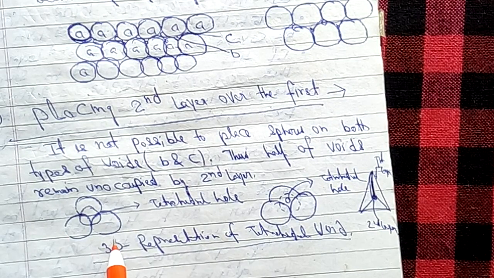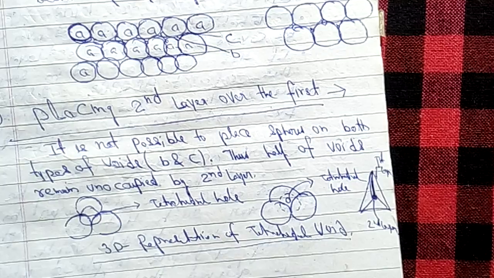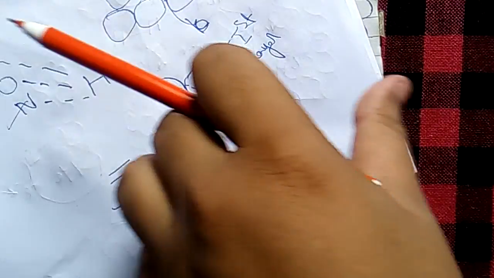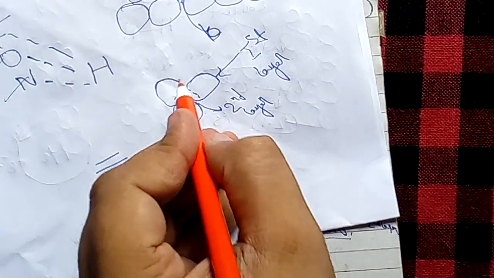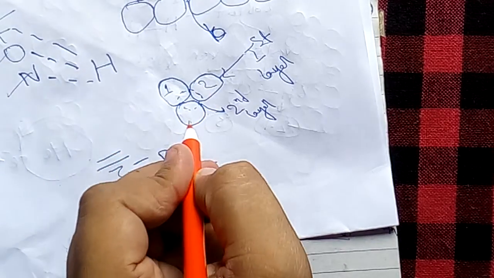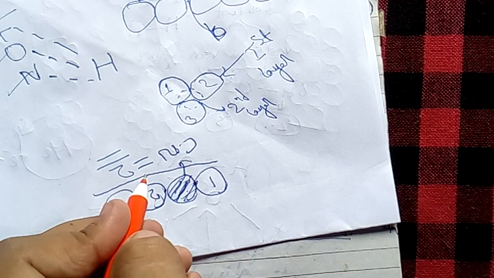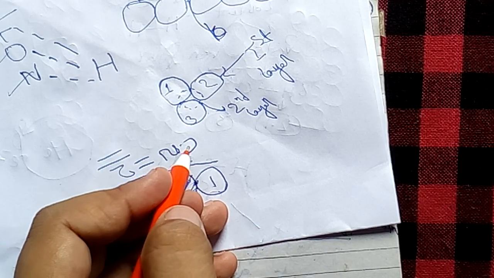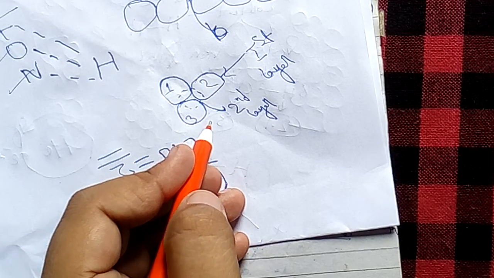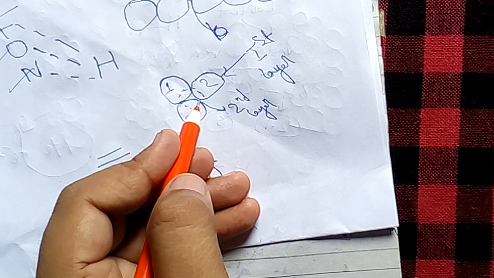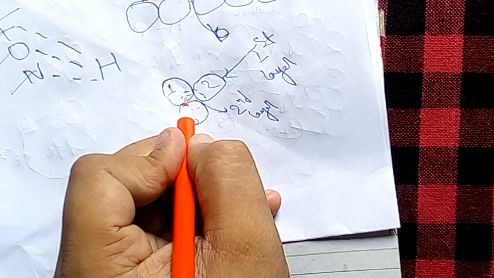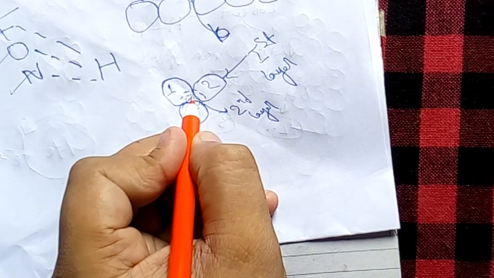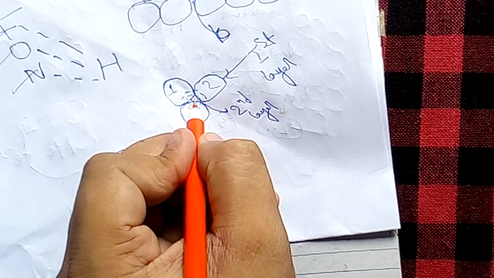A tetrahedral void will be created. How will the tetrahedral void be created? Three spheres are on the first layer, and on the second layer a sphere is placed above. Below it, one sphere will also be present at the back. So this one will be the fourth.